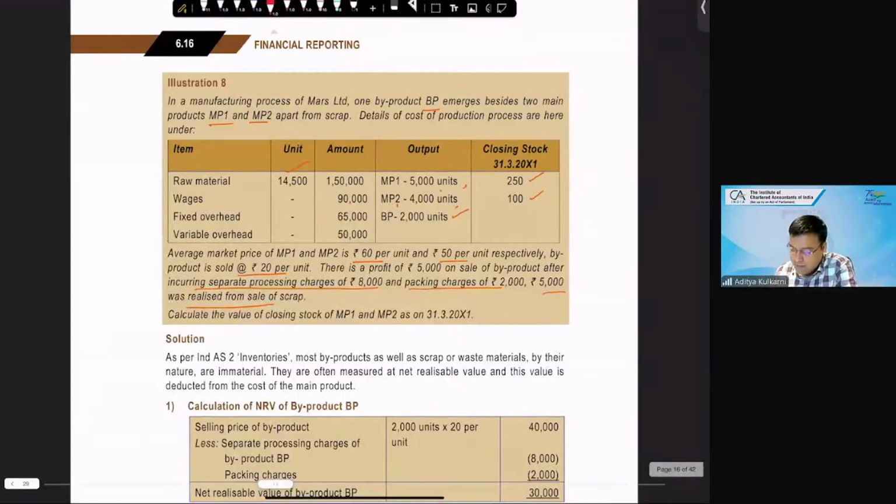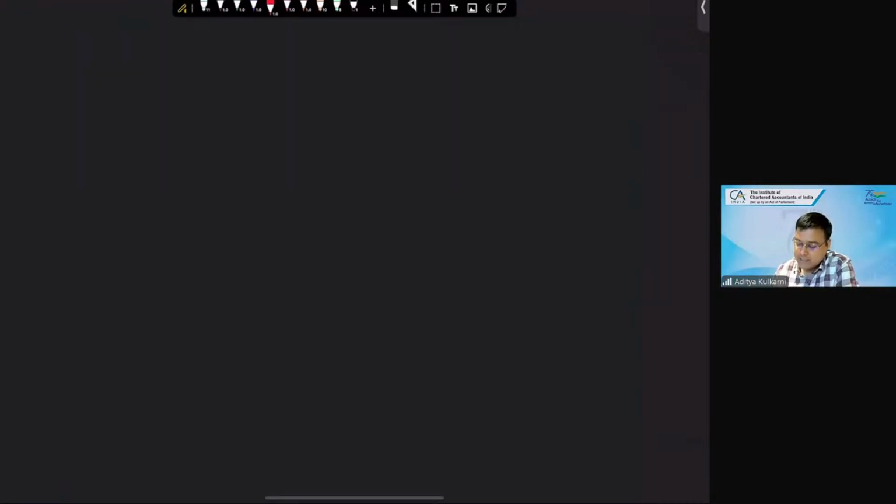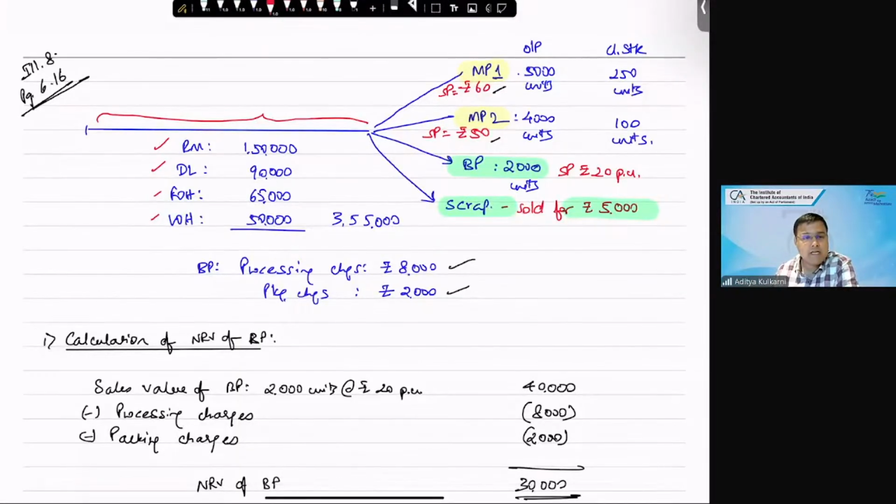I have only copied these items. 1,50,000, 90, 65 and 50. So its total cost is 3,55,000. What is the output? I am getting MP1 5,000 units, MP2 4,000 units, and byproduct 2,000 units, having a selling price of 20 per unit.